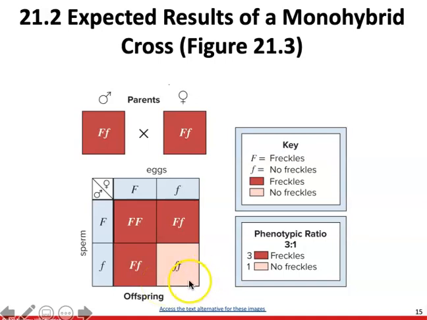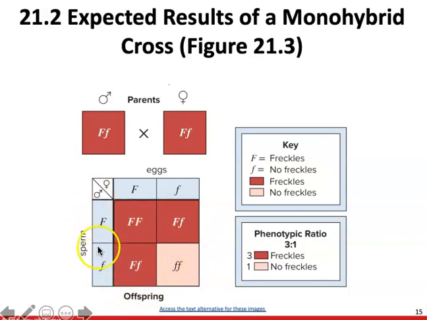In this case, here, let me just ask you right now, how many of the offspring are going to end up with freckles? How many of the offspring are going to end up with no freckles? We'll have a 3-to-1 chance of the individual ending up with freckles.